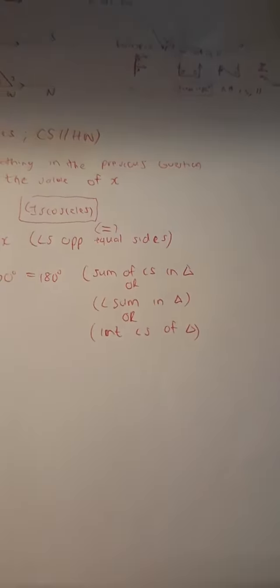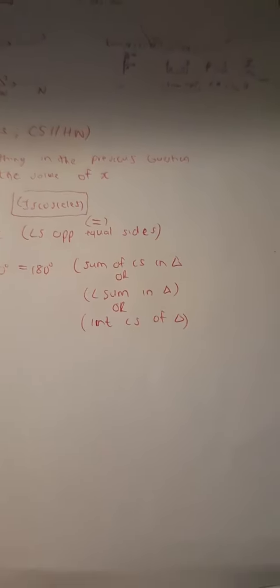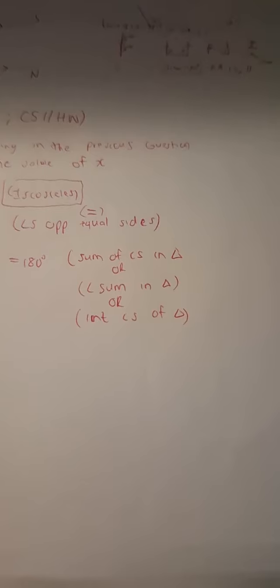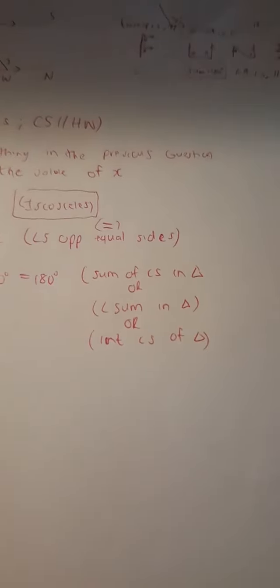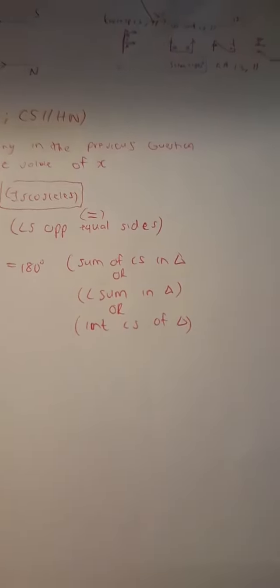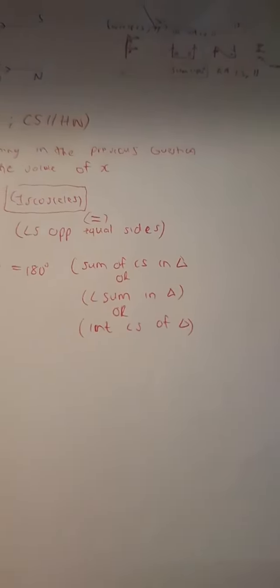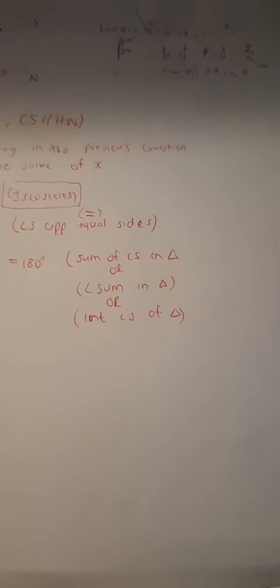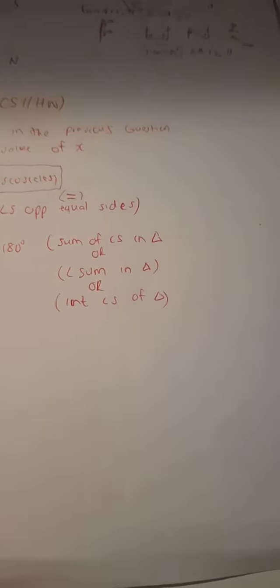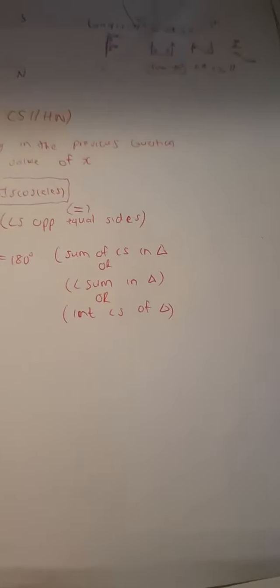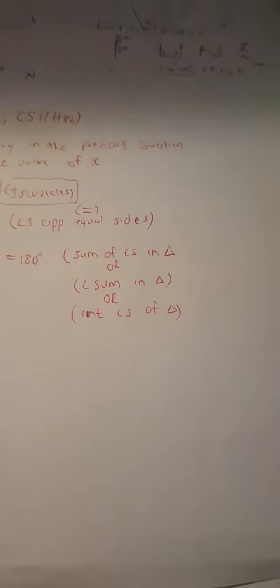Okay, Miss Zim, that document, if you go to Google and search for any grade 10, 11, or 12 exam guideline, you type on Google grade 10 maths guideline, or grade 11 maths guideline or grade 12 maths guideline. In that document, you will find the part that says acceptable reasons.